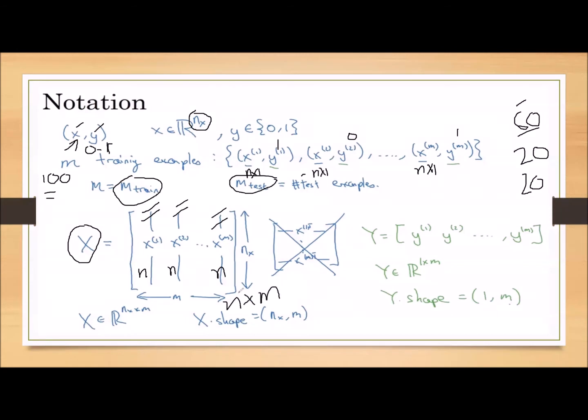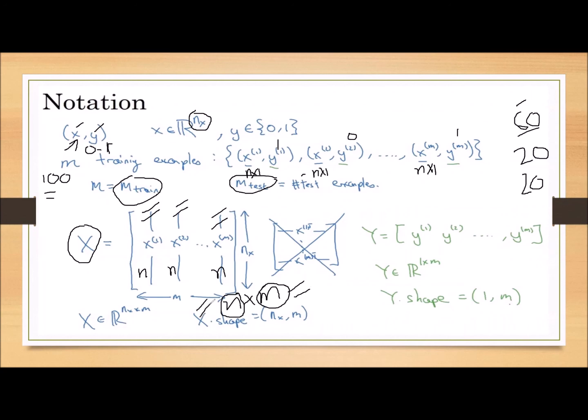This n represents the number of features. This m represents the number of training samples. In this example, for your convenience, I am telling with numbers. If I have given 100 images, then m is equal to 100.